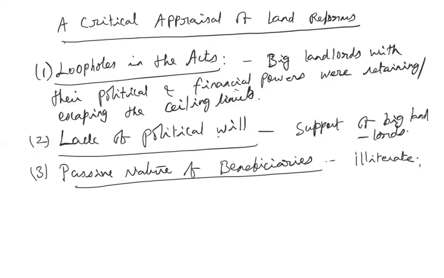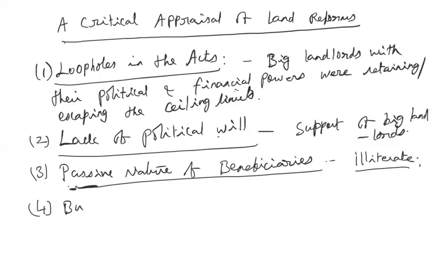They are not even aware of their rights, so they are not able to demand them. If you demand your right, you will get what you require. But if you are not demanding anything because of your ignorance and illiteracy, what will you get? That is the passive nature of the beneficiaries. Most of the small farmers are of that nature.